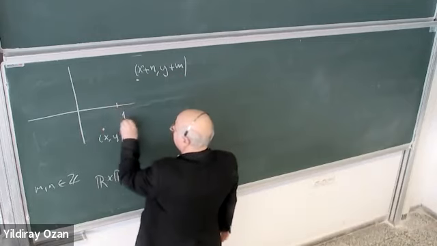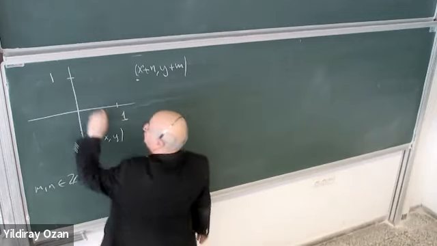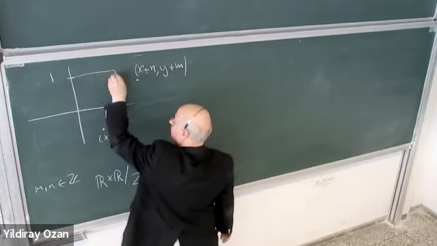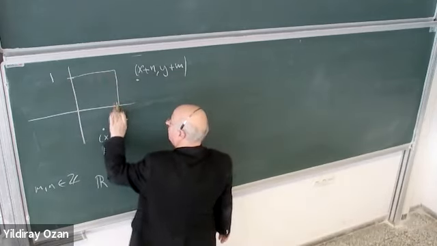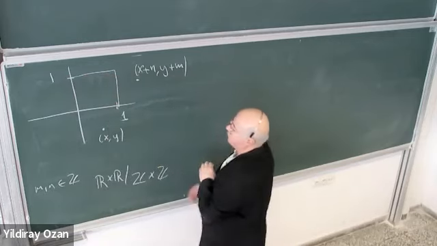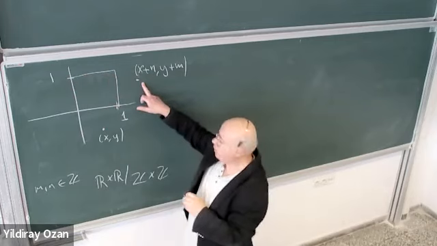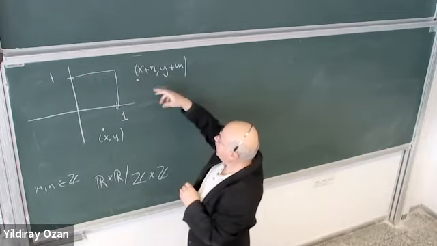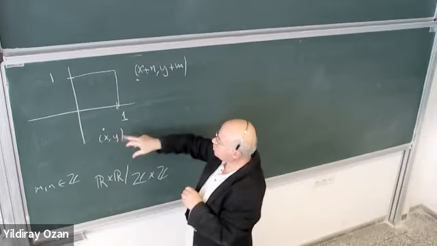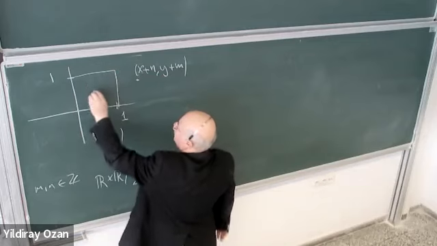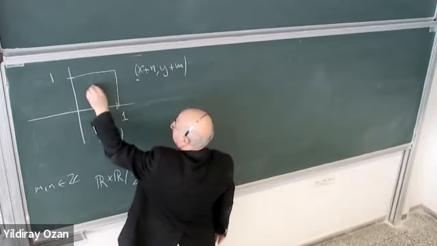Take the unit square here. Any point in the plane, right? By just taking integer parts of the coordinates, you obtain a representative here.